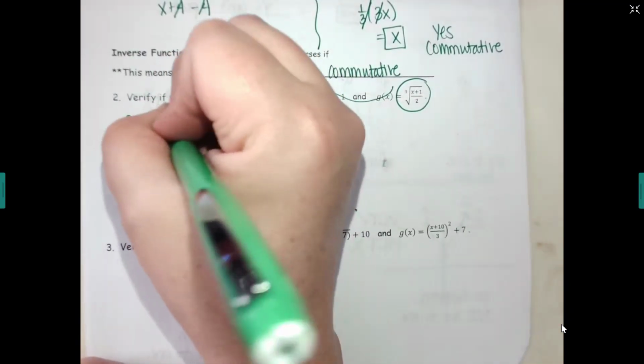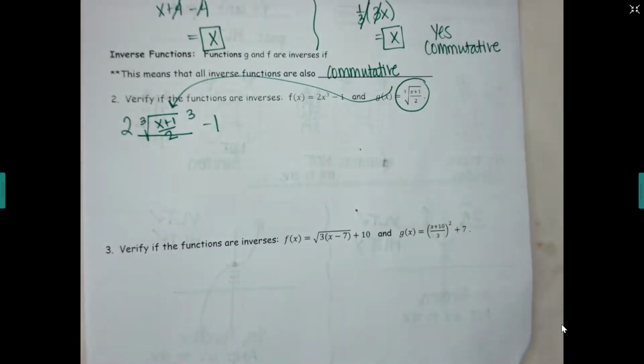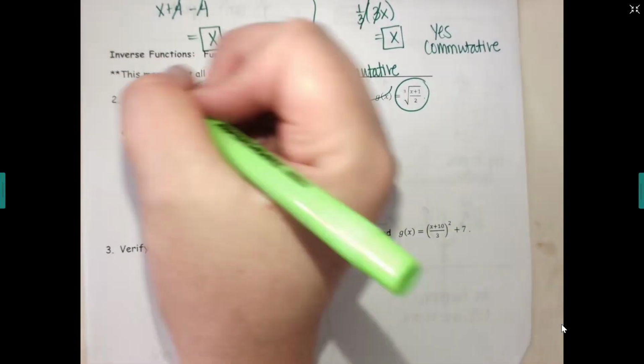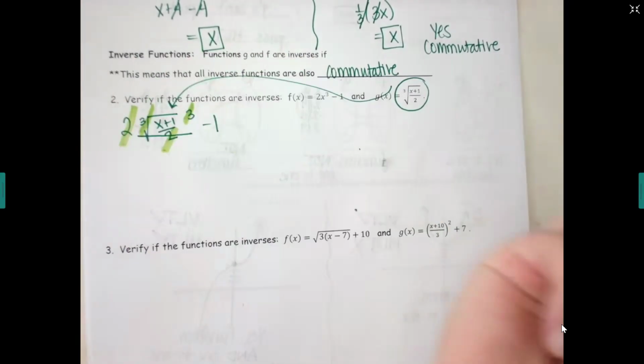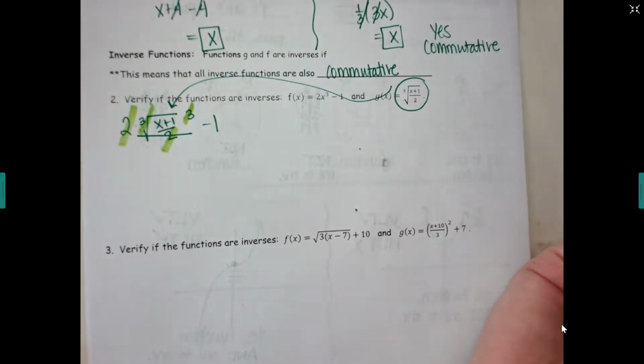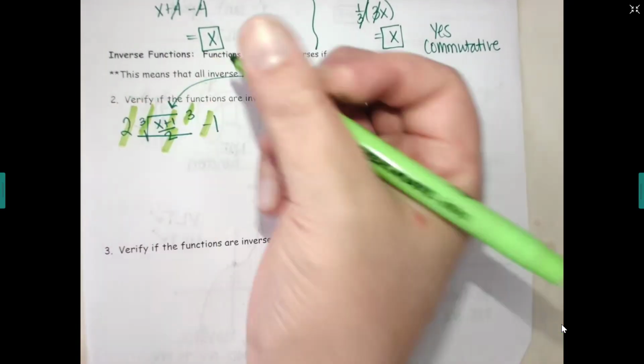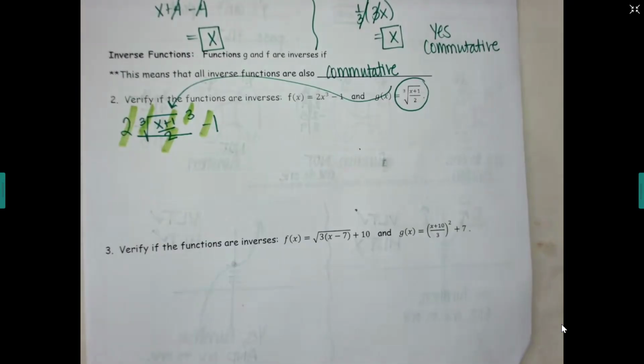Then from there, you're just going to check the math on it to confirm that both sides come out the same. So what's going to happen with a cubic root and a cubic power? Cancel out. Then I have a times 2 and a divide by 2. What's going to happen? Cancel out. Then I have a plus 1 and a minus 1. What's going to happen? Cancel out, and you just get an x. Very good.